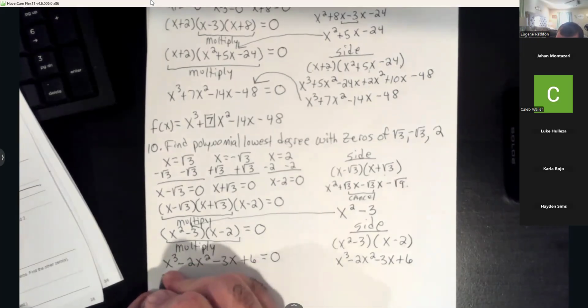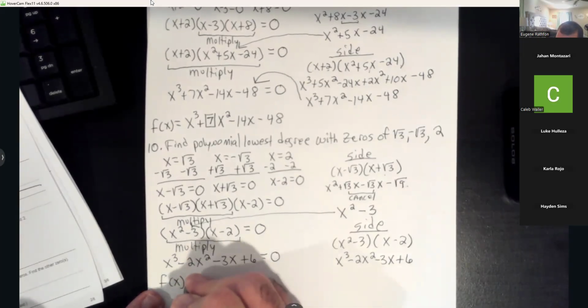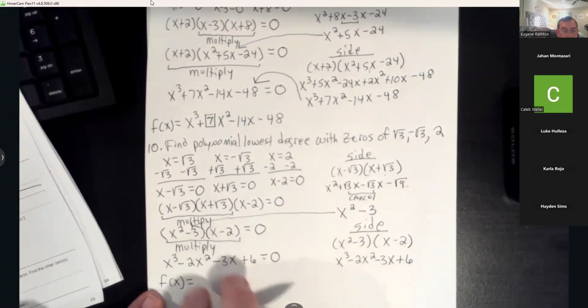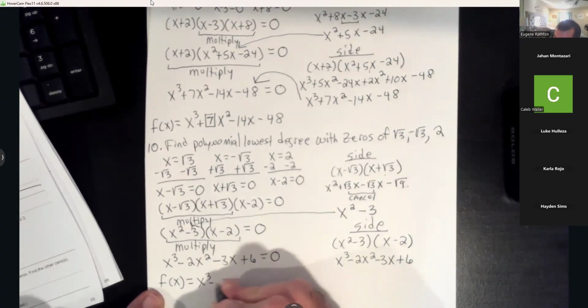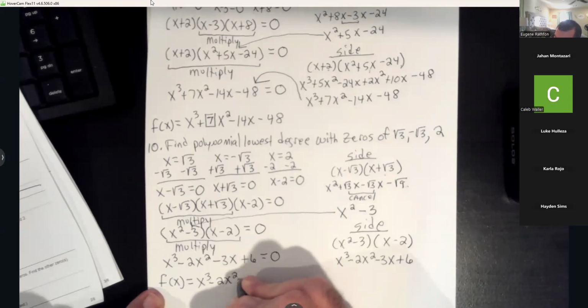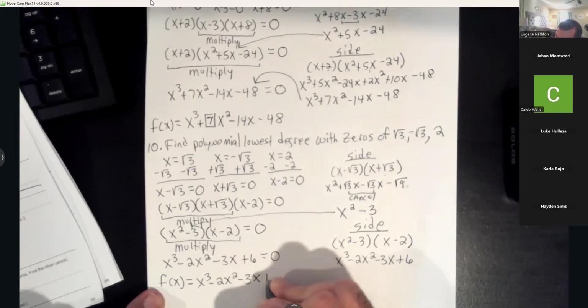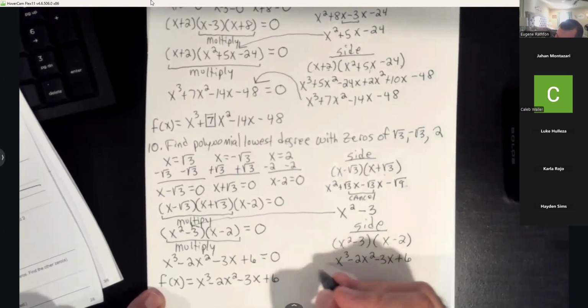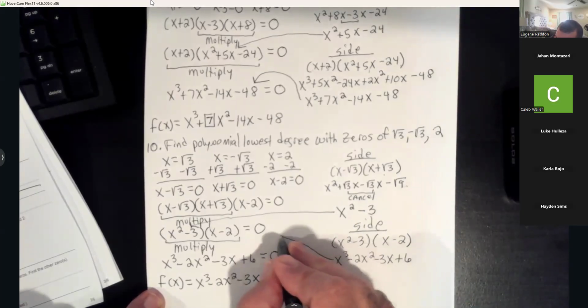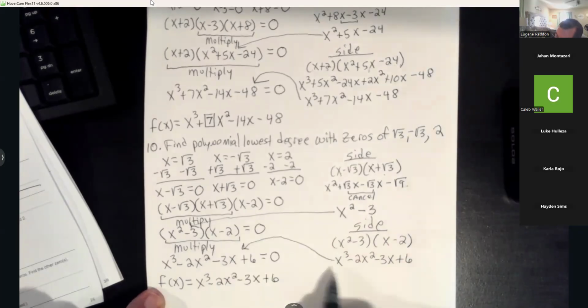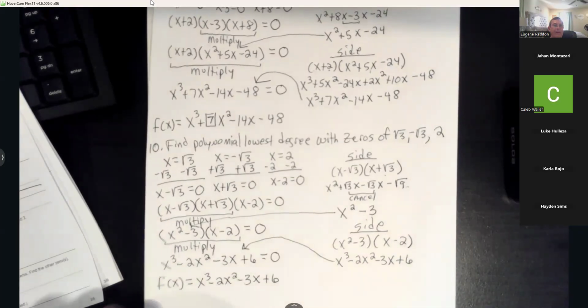So in MATLAB, we'll have our f of x and then bring down our polynomial. x cubed minus 2x squared minus 3x plus 6. And then y'all, when I multiply that, I put that right there.